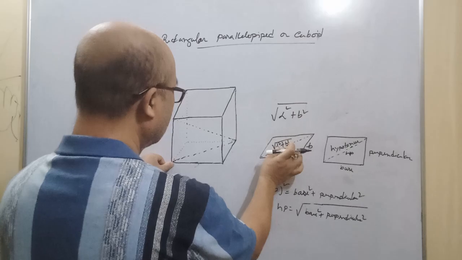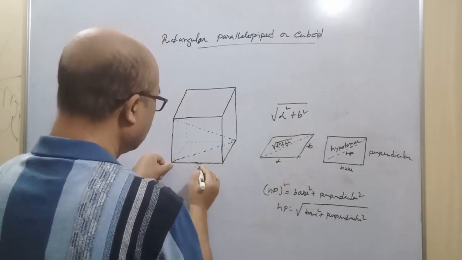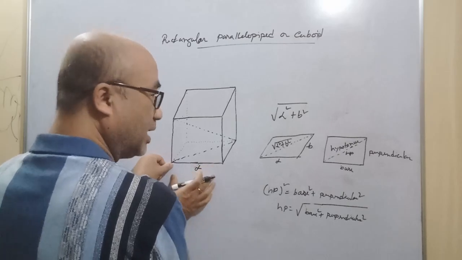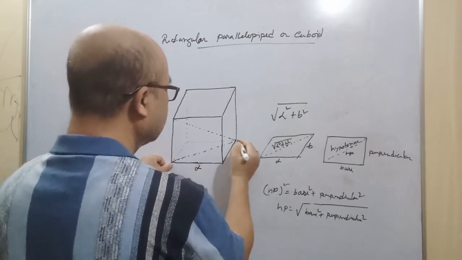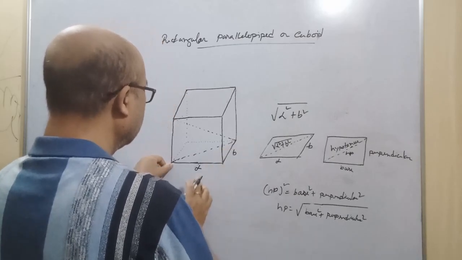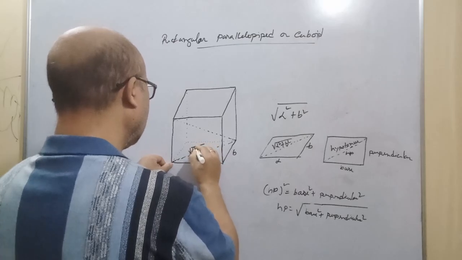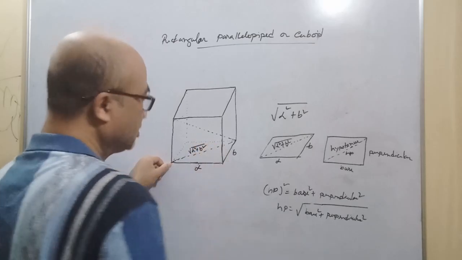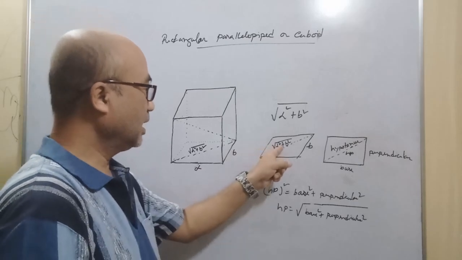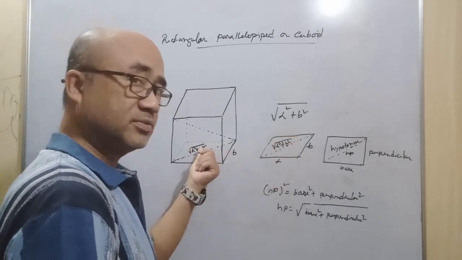So we know it is root of L square plus B square. If this measurement is L, denoted by length, and this is denoted by B, breadth, then this length is denoted by square root of L square plus B square.